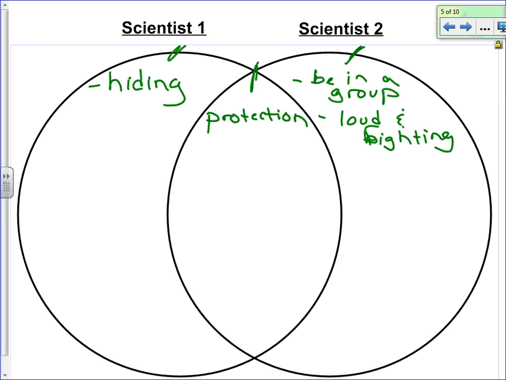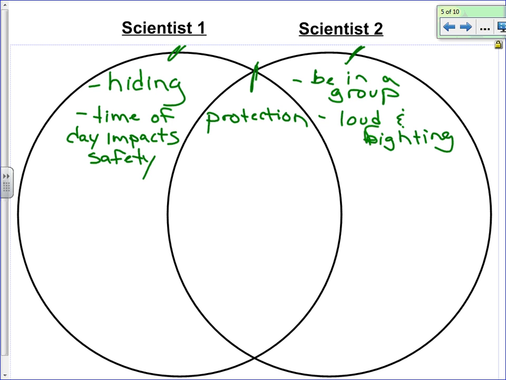So scientist 1 talks about how the time of day impacts their safety. The stripes are most helpful when? At dusk, yeah. What about scientist 2? What about the time of day? Doesn't matter? No, not at all. They're in a group at night, they're in a group during the day, they're just in a group. It doesn't really matter.